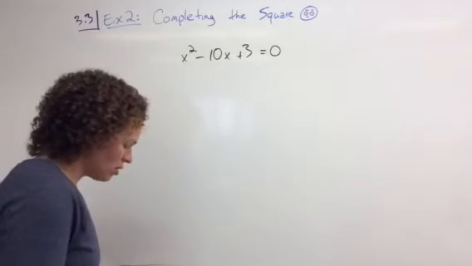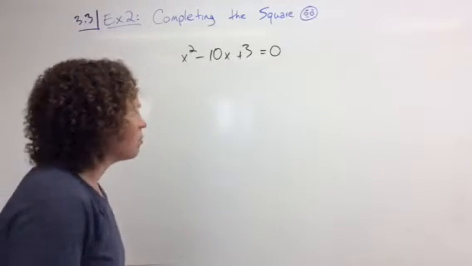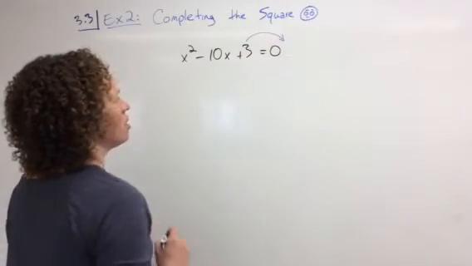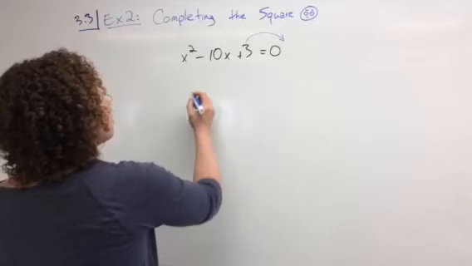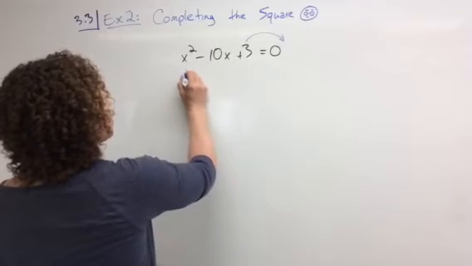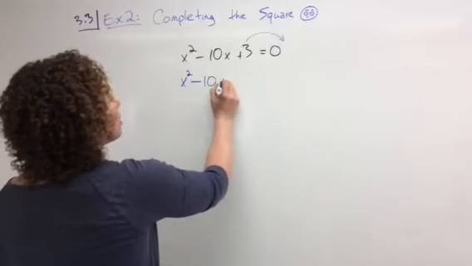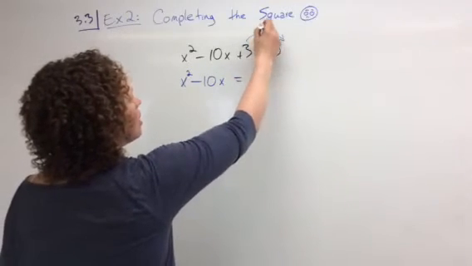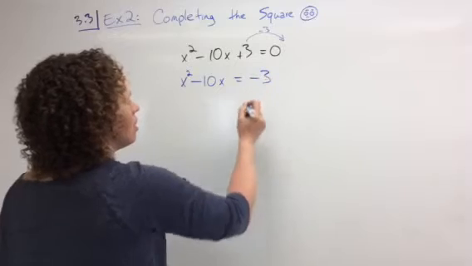So what I want to do to start with is take this term and move it to the other side of the equation. So I'll be left with x squared minus 10x on this side and just equal to negative 3 on the other side.